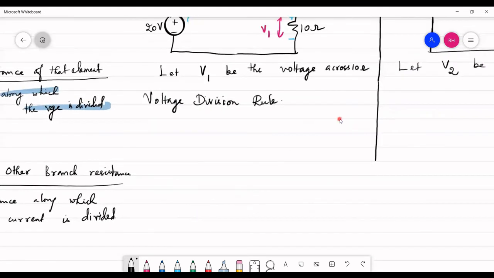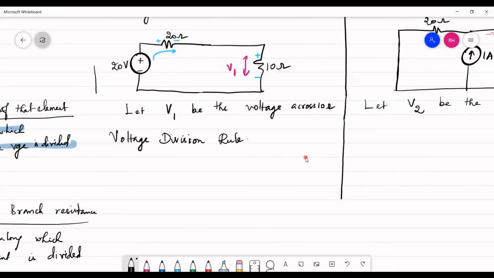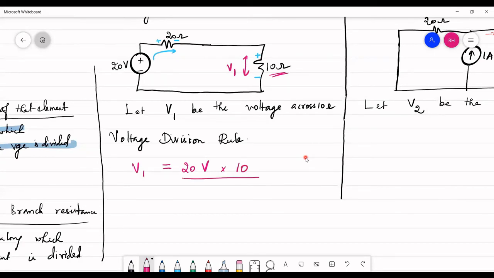So here over to this problem. If you want to calculate the value of voltage across 10 ohm, V1, so V1 is equal to source voltage 20 volt times the resistance of the element, which is 10, divided by the total resistance, along which the voltage is divided. So 20 plus 10.